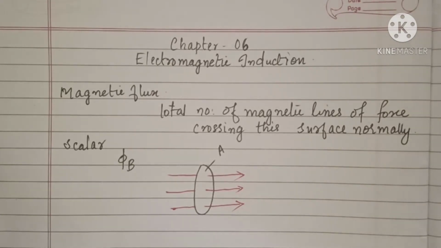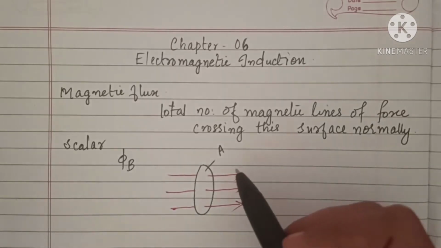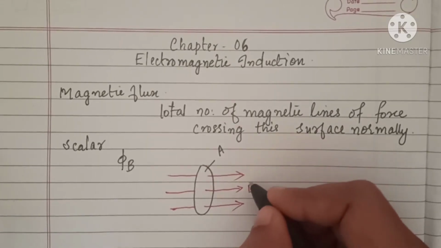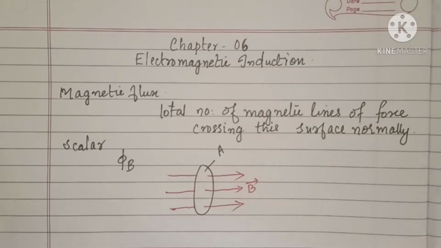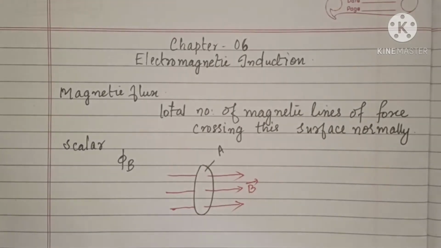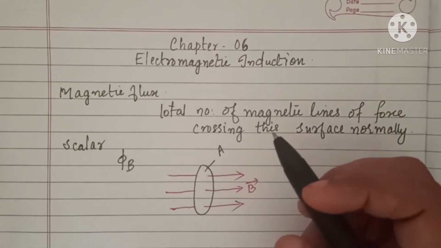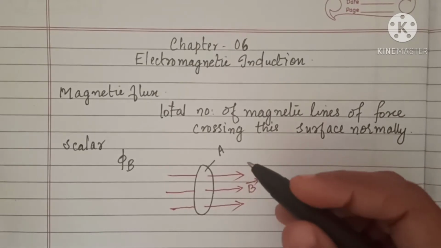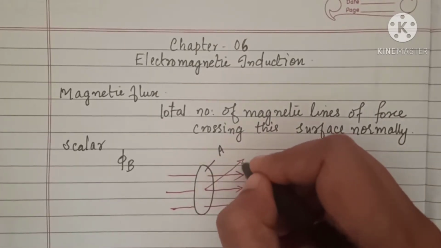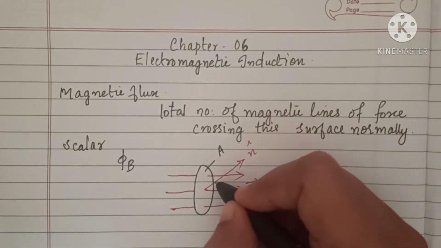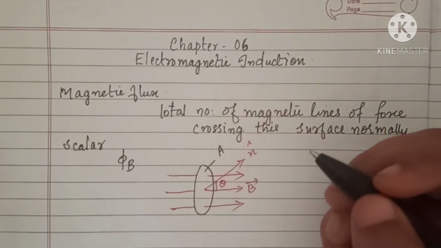Suppose this is the magnetic field line passing through the surface. It is B, and if this field B makes an angle theta with the normal drawn to the area, you all know the area vector, isn't it? Suppose this is the area vector N. Between this N and B, it makes an angle theta.